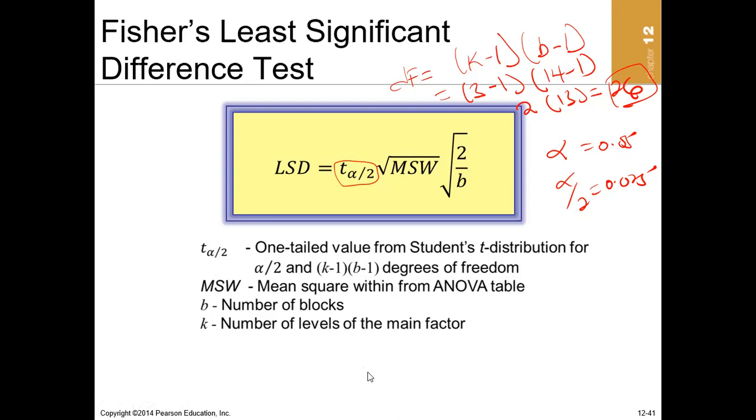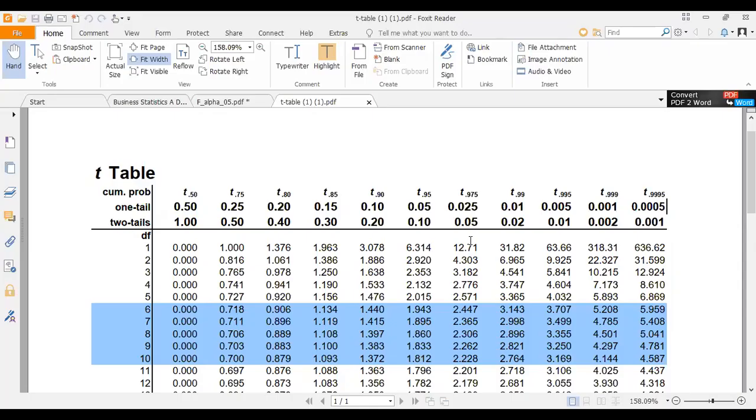So let's go and read our table. This is the T value table. Here we have one tail, so only one of the tails is 0.025, and the two tails combined, because we are testing at alpha of 0.05.